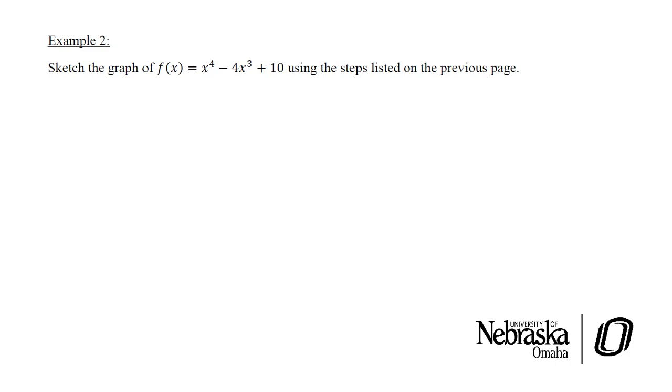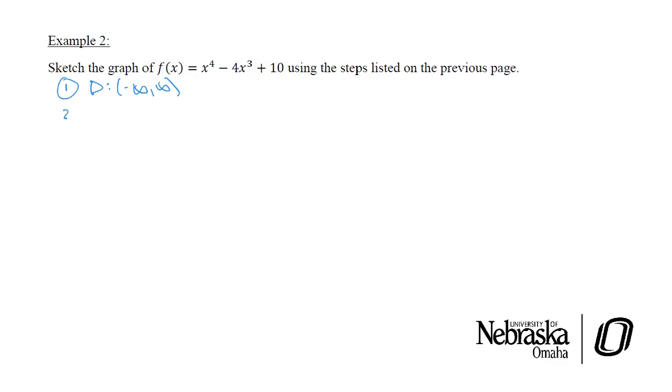Okay, example 2. Sketch the graph of f(x) equals x to the 4th minus 4x cubed plus 10. Okay, again, this is a polynomial, so there are no restrictions on our domain. So for step 1, our domain is negative infinity to infinity. Okay. We want to find x and y intercepts if we can.